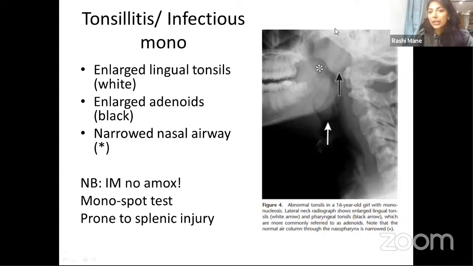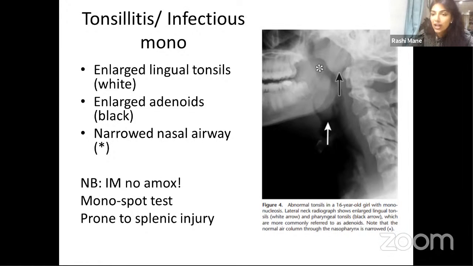What you're seeing in the black arrow is your adenoid tonsils, and what you see with the white arrow is your lingual tonsils. And what you see here is the narrowing of the nasopharynx. So if it's infectious mononucleosis, you need to remember never to give amoxicillin, because that can cause a rash.